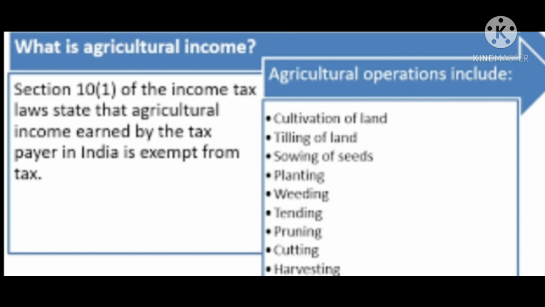That is, cultivation of land, tilling of land, sowing of seeds, planting, weeding, tending, pruning, cutting, harvesting. If you are involved in any of these activities and you are growing the agricultural products, for that no tax. It is completely exempt from tax.